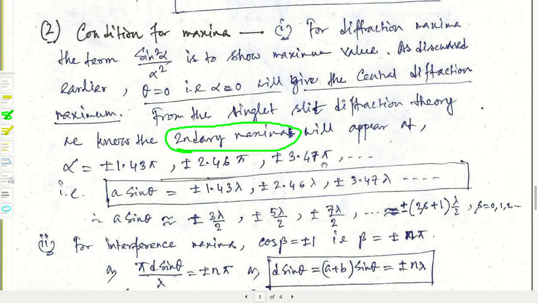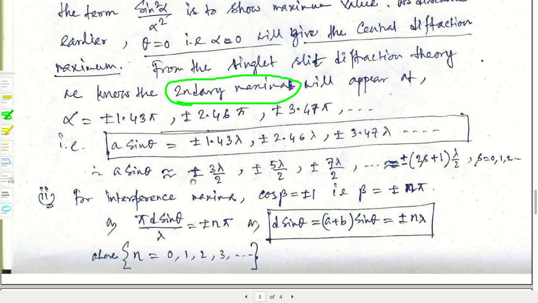We know this from our previous single slit diffraction class, that those values of alpha were determined from the graphical solution of the equation alpha is equal to tan alpha. So I am not going into this, just using the result of secondary maxima, and you can approximate that 1.43 is 3 by 2, 2.46 as 5 by 2, but it is a crude assumption, not so crude for the higher orders, but in the very beginning it is an assumption which is not far away from the exact result.